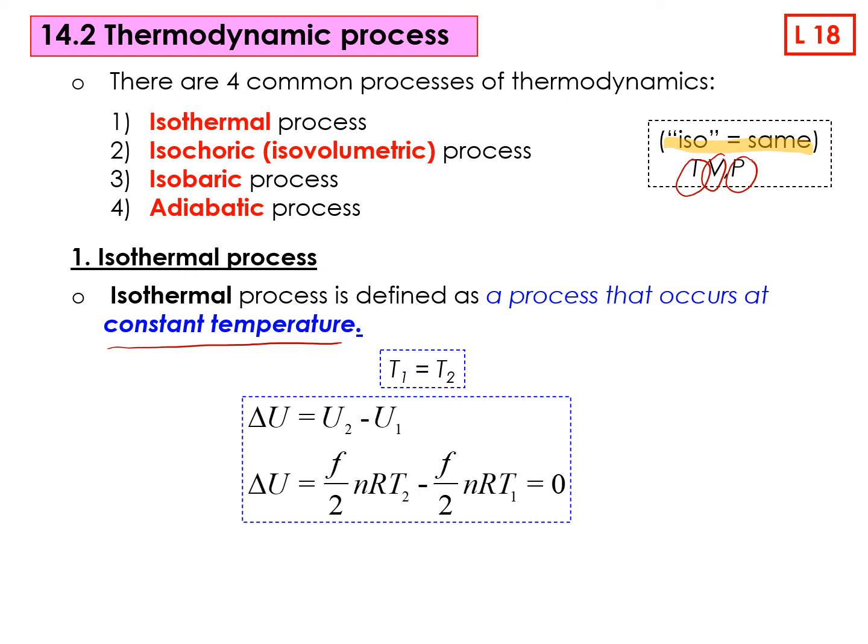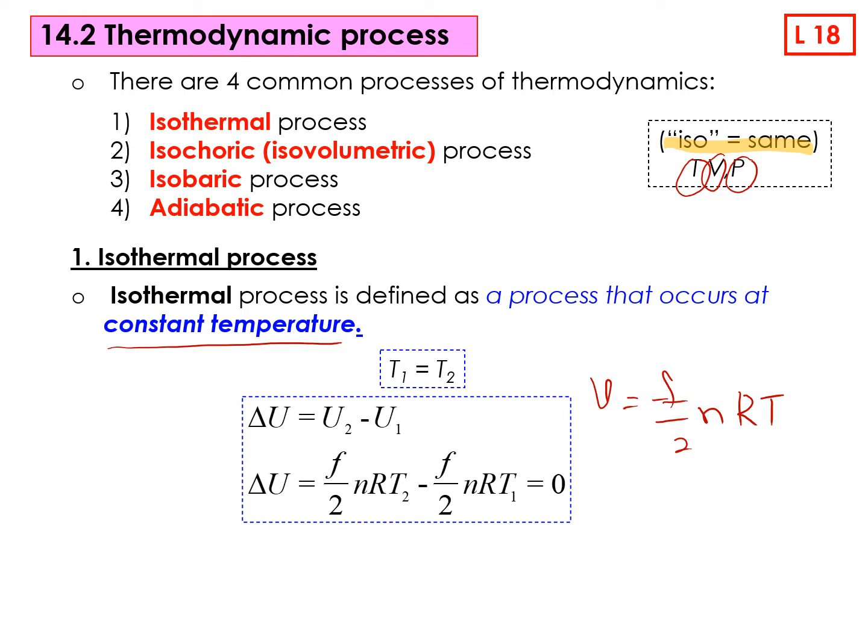The temperature can also be related to internal energy. As we know, internal energy is equal to f over 2 nRT. In order to find the change in internal energy, we have to do U2 minus U1, which is f over 2 nRT2 minus f over 2 nRT1.